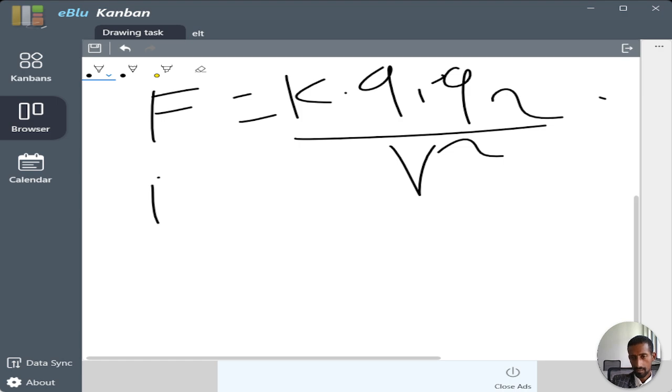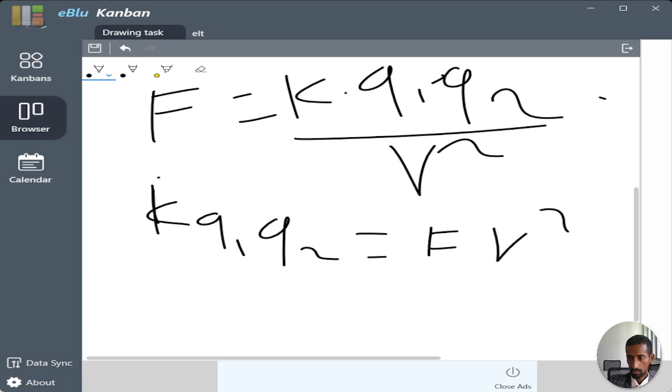If we crisscross, that means K Q1 Q2 is equal to F R square.